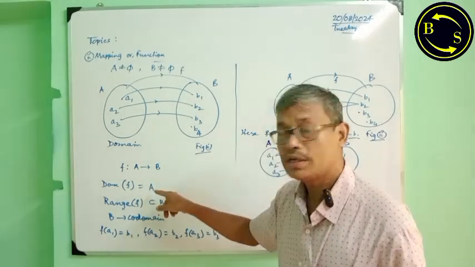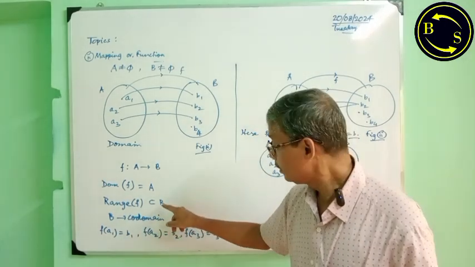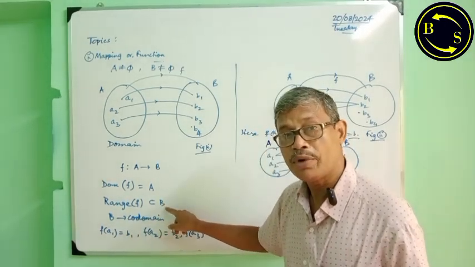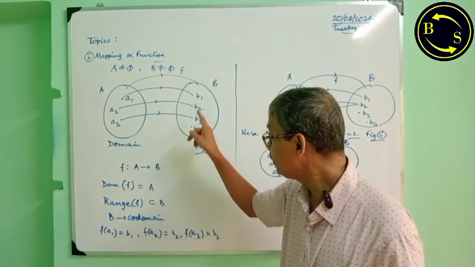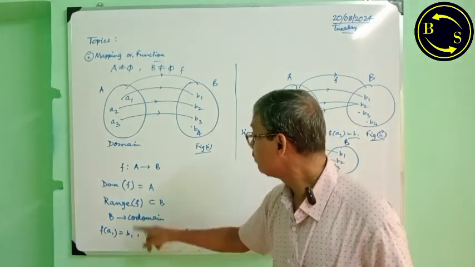This is not an ordinary relation, and range of f will be a subset that may be proper or improper. Here it is proper, that is why I have used this symbol, and B is the codomain.